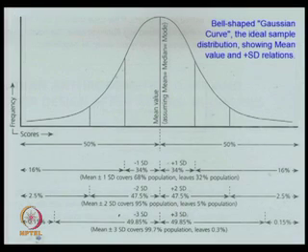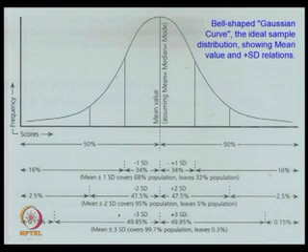Now, the standard deviation and sketch. These standard deviation diagrams are given in any statistical or reference book. This is the bell shaped curve, the Gaussian curve, the ideal sample distribution showing mean values and plus minus SD relationships.